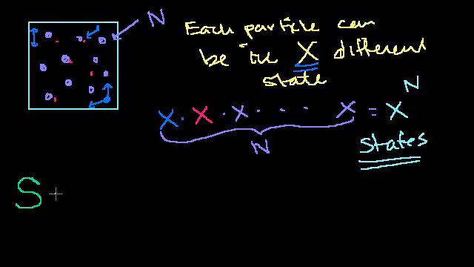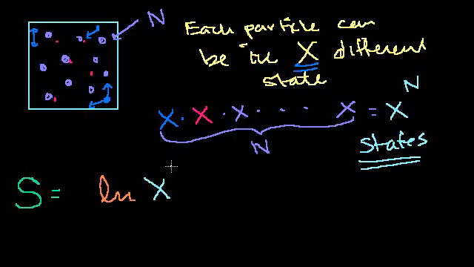S for states. And since the number of states can grow really large, let's say I'd like to take the logarithm of the number of states. And this is just how I'm defining my state variable. I get to define it, so I get to put a logarithm out front. So in this case, it'd be the logarithm of my number of states.